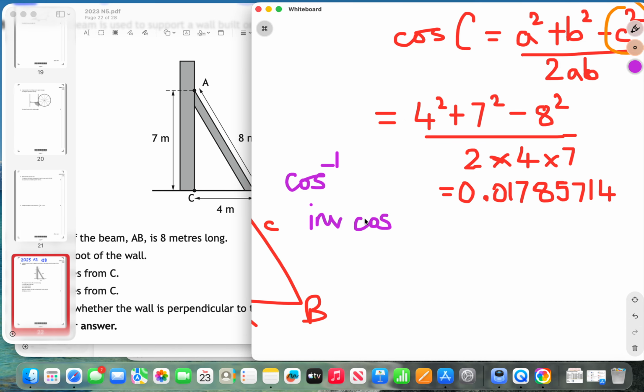Then you want to find the inverse cosine, making sure it's in degrees, and you get 88.98 to 2 decimal places. We get 88.98 degrees.